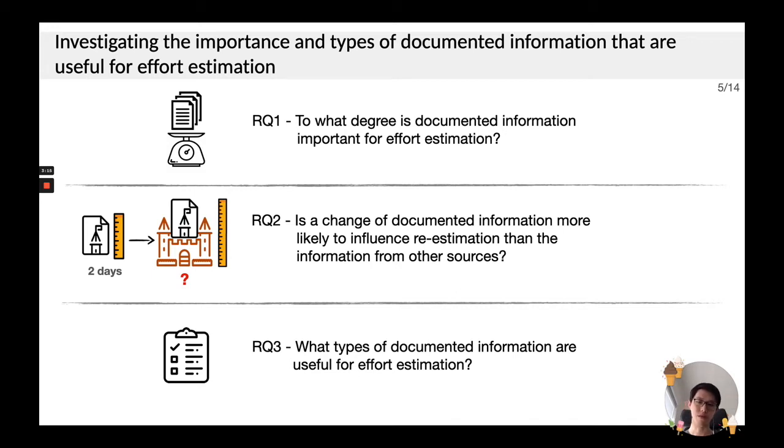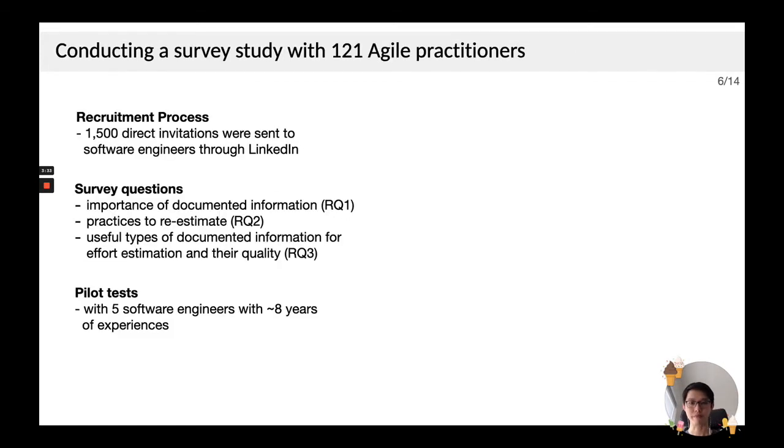In RQ 2, we investigate whether the change of documented information is more likely to influence re-estimation than the information from other sources. In RQ 3, we investigate the useful types of documented information for effort estimation, along with their quality.